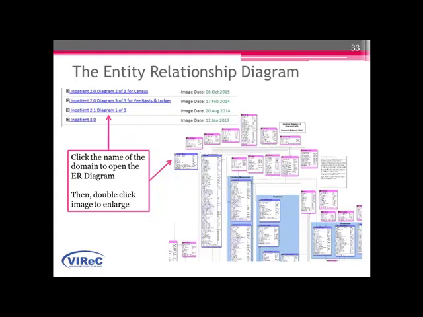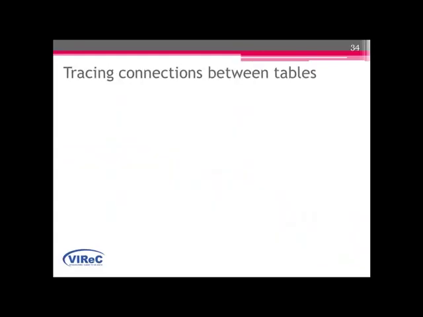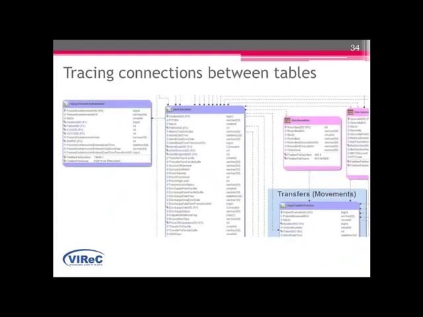Of course, this is quite small, so in order to enlarge it, you would just click on the image itself, and it will bring you in closer so that you can read what's in each one of these tables. So here, what we're looking at is that each one of the tables represents a table in the CDW inside a box, right?